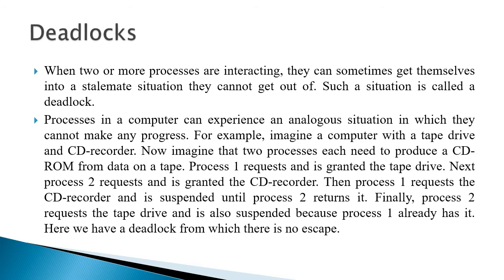So we have process 1 and process 2. Process 1 first requests and is granted the tape drive. Process 2 also requests and is granted the CD recorder. Then process 1 requests the CD recorder and is suspended.